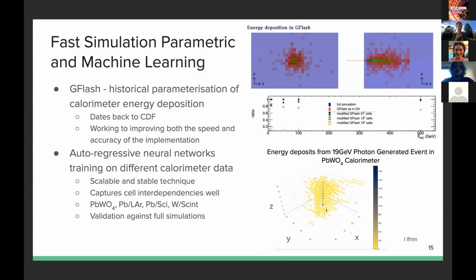And trying out different neural network training methods. So one method which is quite interesting is autoregressive functions, because these are scalable and rather stable. And we already have events that we can generate using that technique. So that will be moving into more of a full validation in the very near future.